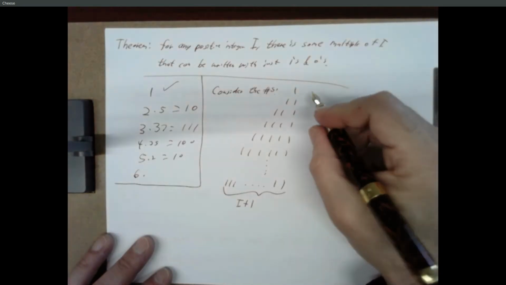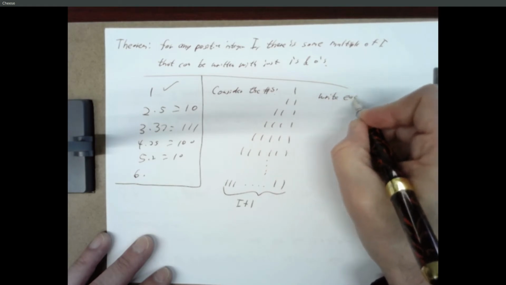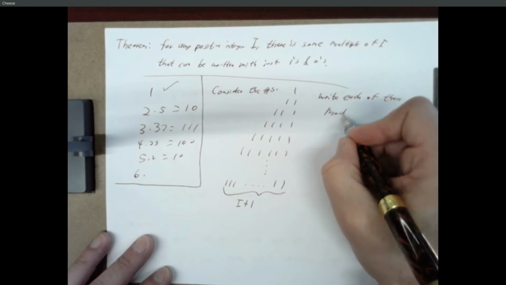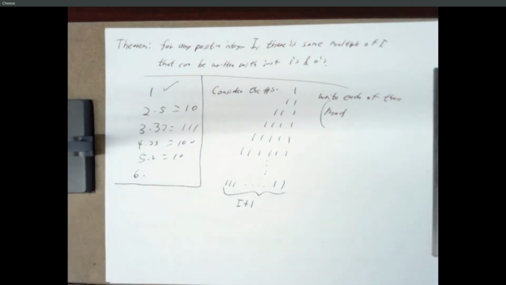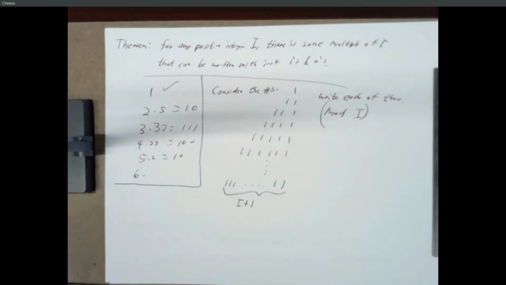Okay, now write each of these modulo I. So how many different values do we have when we write what things are congruent to modulo I?